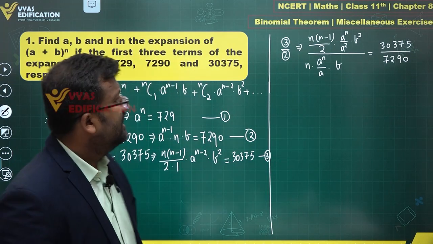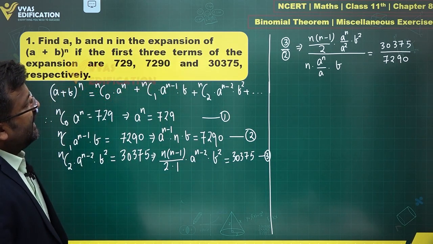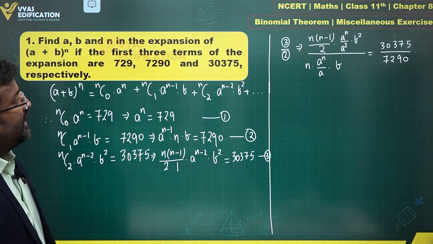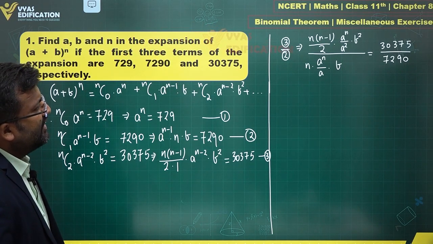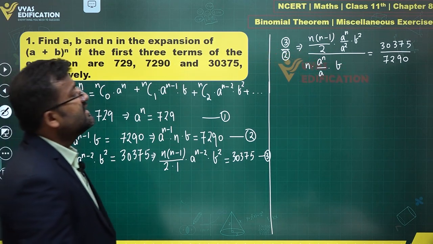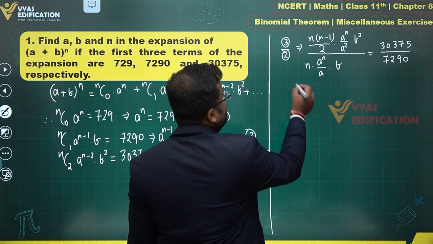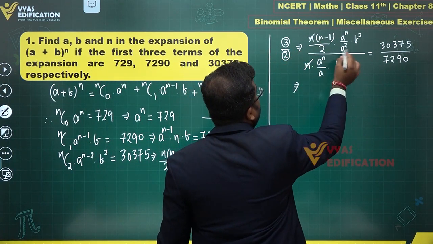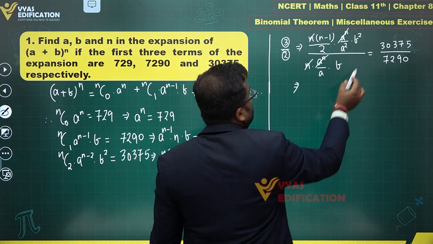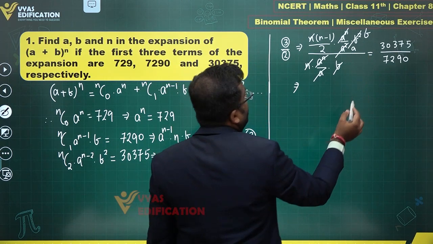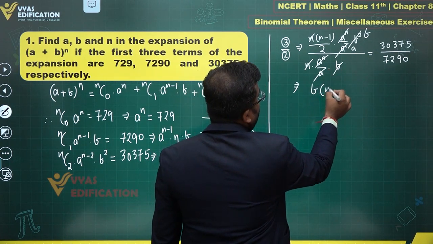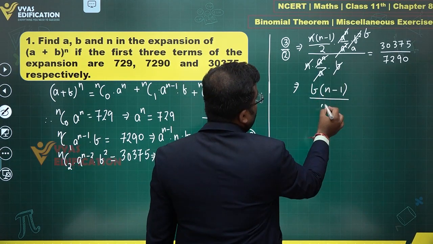This is what I have. Is that okay? Yes. And when I simplify this, what do I get? a^n will get cancelled. b and a will also get cancelled. What remains is this n goes, this a^n also goes, this b^2 goes, this a^2 goes, a remains, b(n-1)/2a.